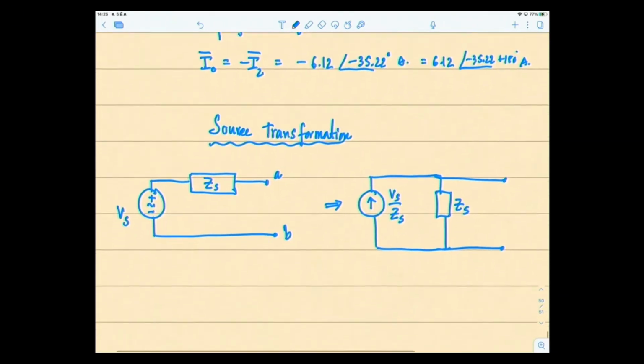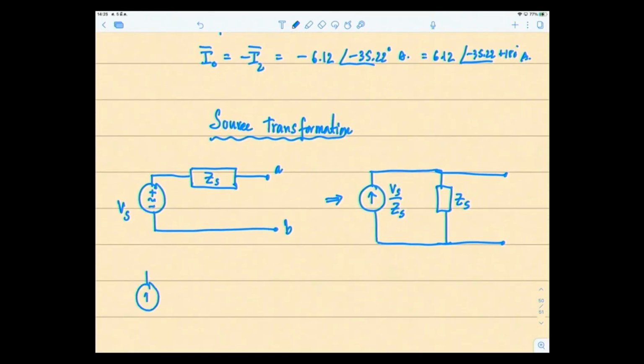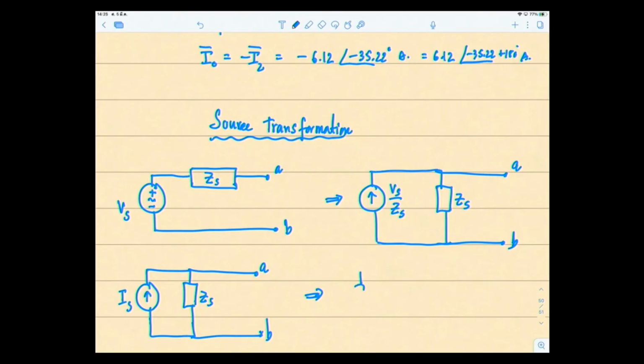Okay, and if you see a current source with an impedance connected in parallel to it, you can transform this portion into a voltage source by relocating your Zs to become in series with that voltage source that you're going to transform to, and the value of the voltage source becomes Is times Zs.